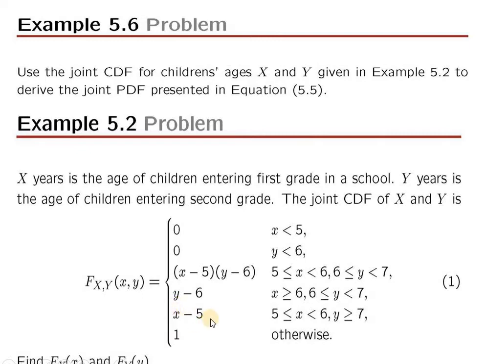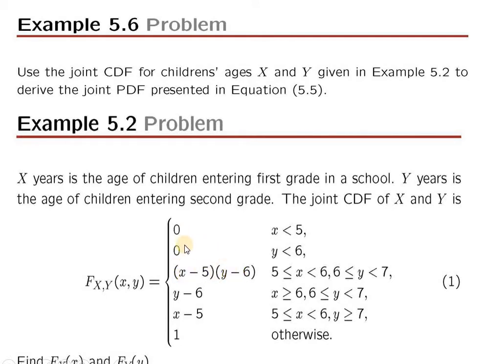Similarly, in the fifth region we only have x terms, and in the last region we have 1. So when I take the partial derivative of y minus 6 with respect to y, I get 1, but with respect to x it is 0. Similarly for x, the partial derivative with respect to y is 0. So we are left with only the region with x minus 5 and y minus 6.